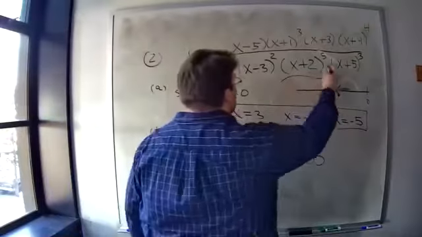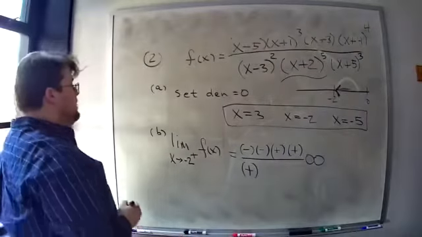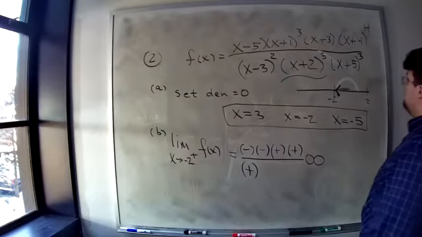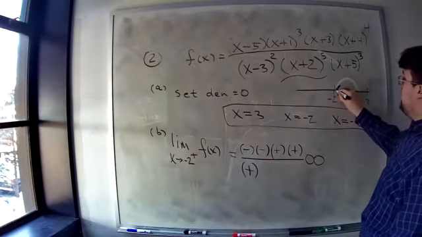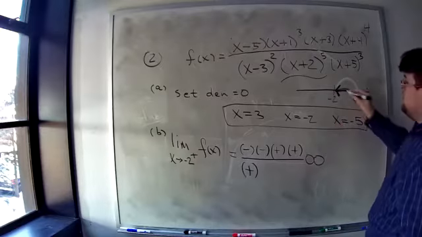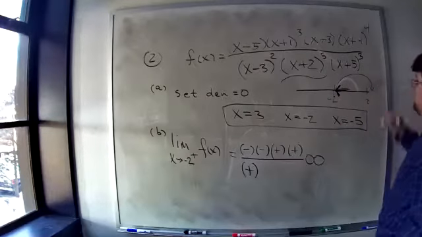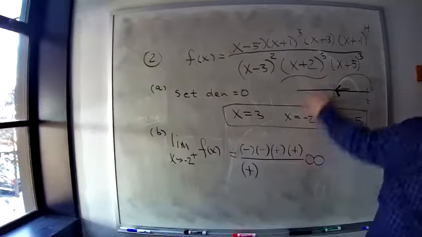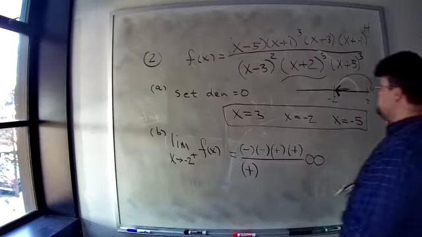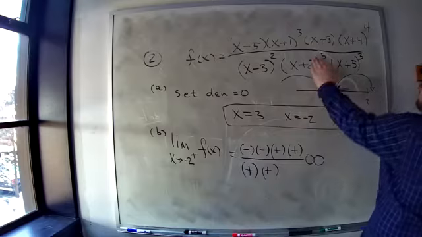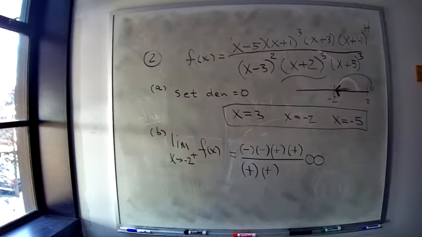Now in this next piece, x plus 2 all to the fifth. What happens if we take numbers on the right of -2 and add 2? If we add 2 to these, they're going to go on the positive side of 0. And positives to the fifth are positive.